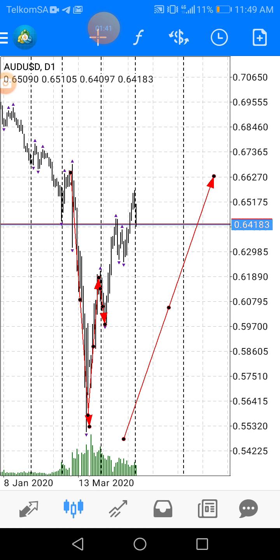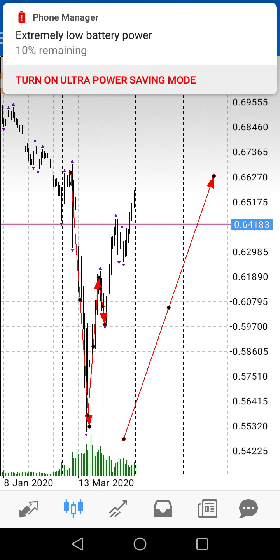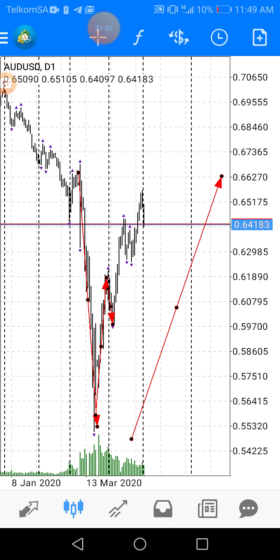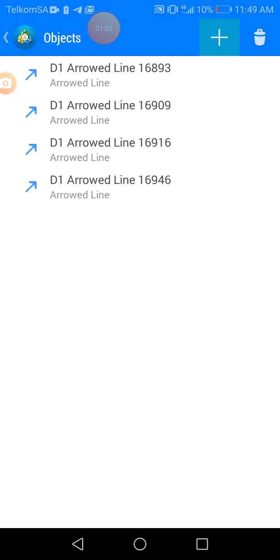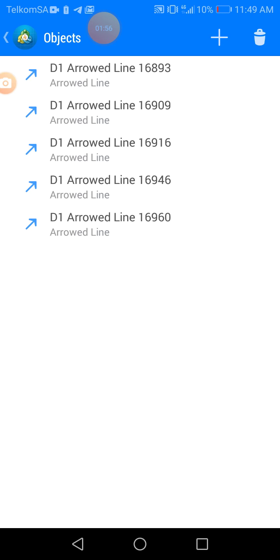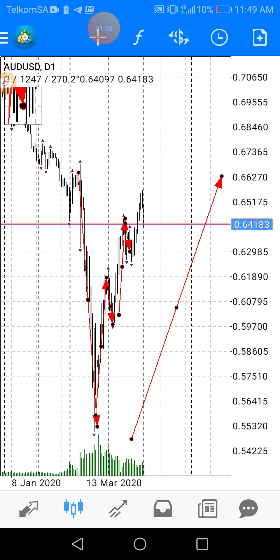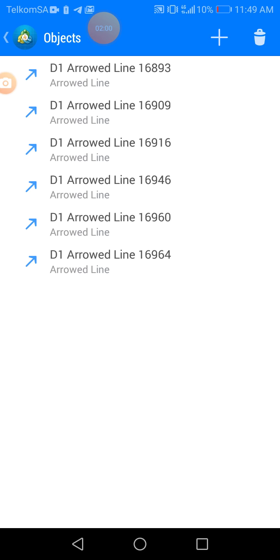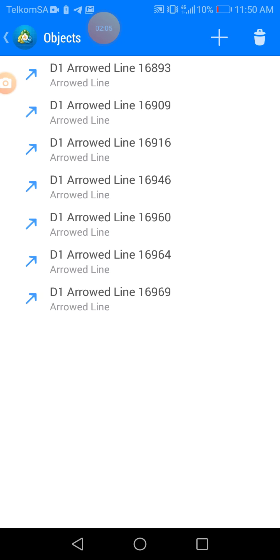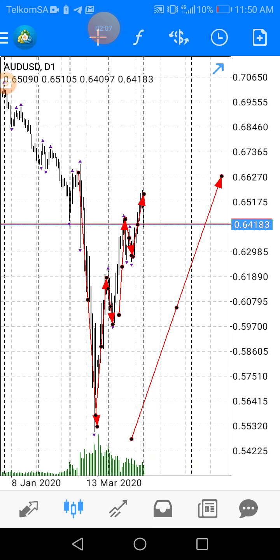As you can see here, in the same formation we had an impulsive move, a small correction wave, a small impulsive move again, a small correction wave. We had again an impulsive move up. Now we are getting a correction wave.